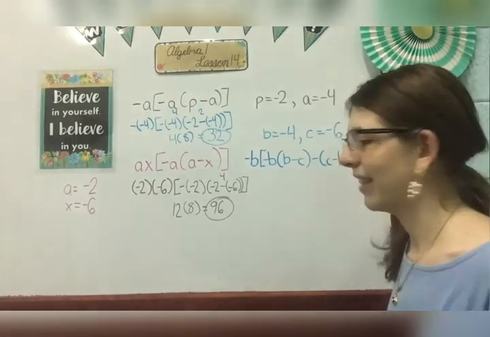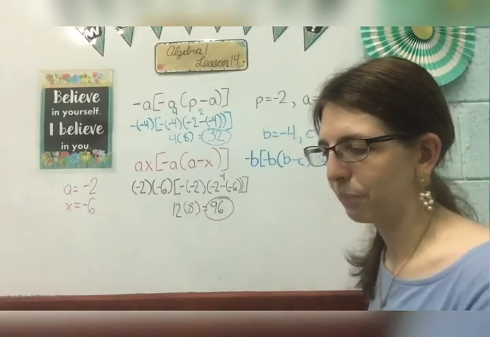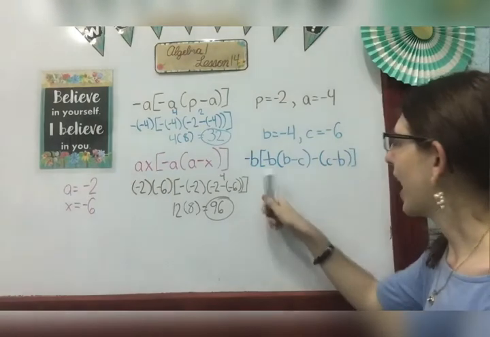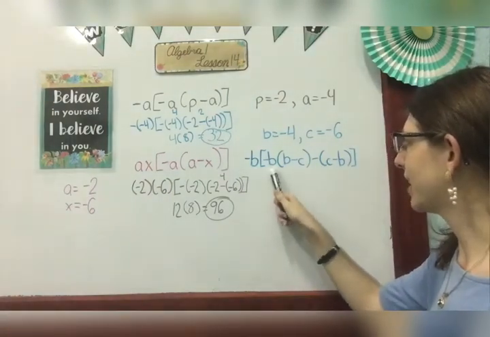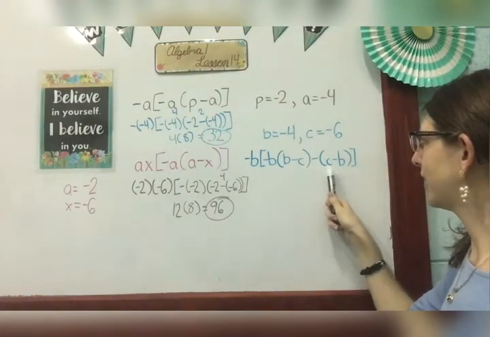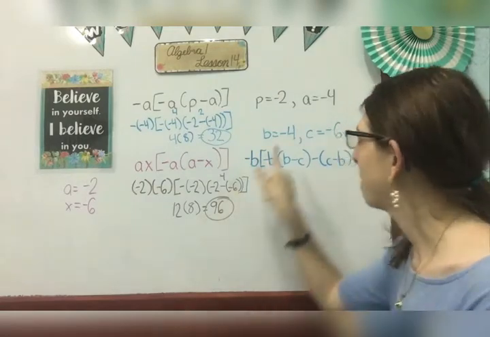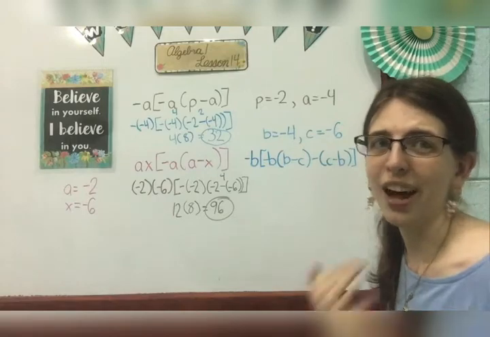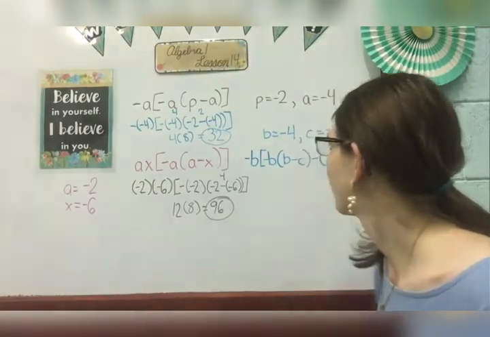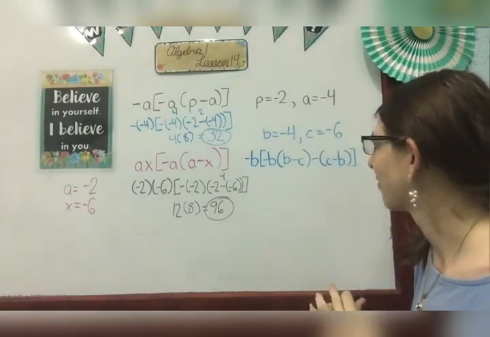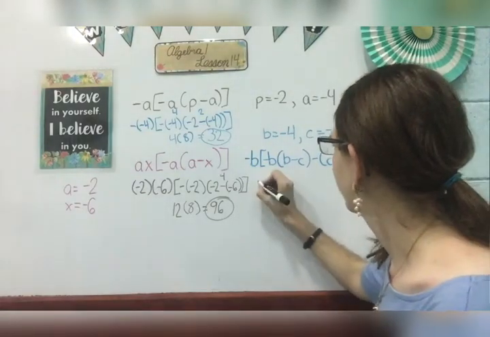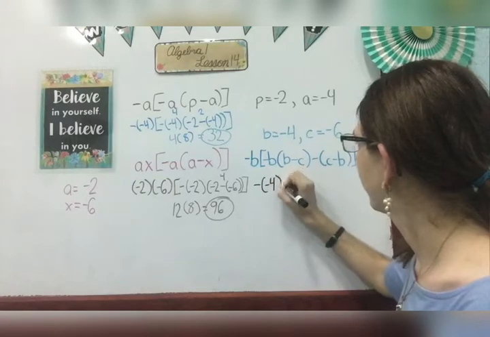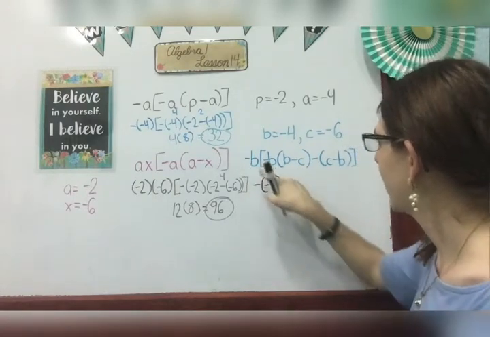Okay, let's keep going with the next example. All right, this is the last example before your practice. I have negative b, bracket, negative b, parentheses, b minus c, minus, parentheses, c minus b. B is -4, C is -6. I know you're tired of these negative numbers, aren't you? I am too. Okay, so I have -4. That's right here, okay?